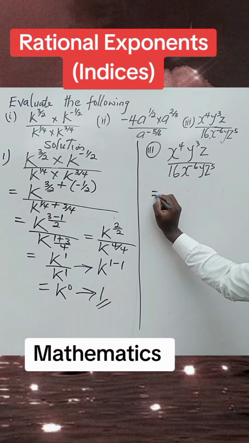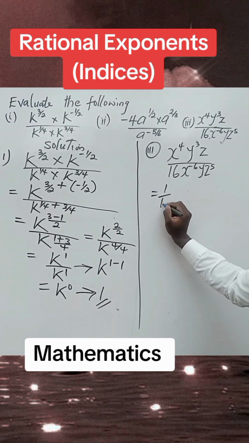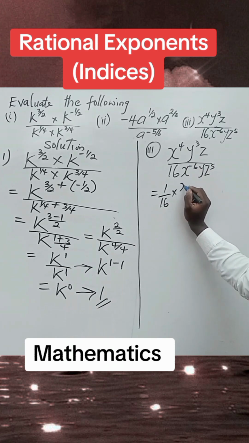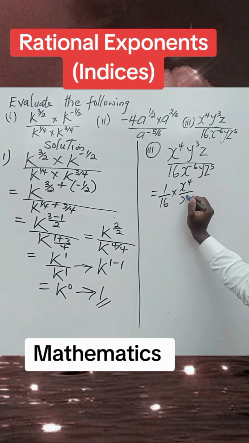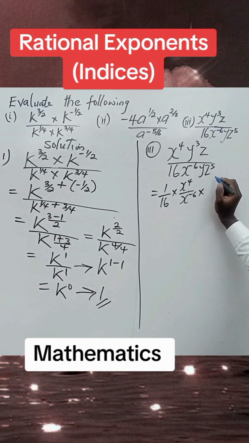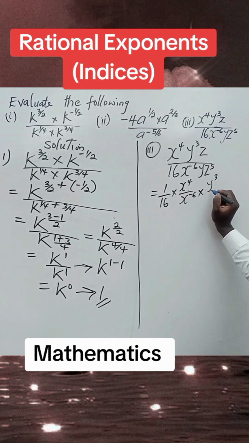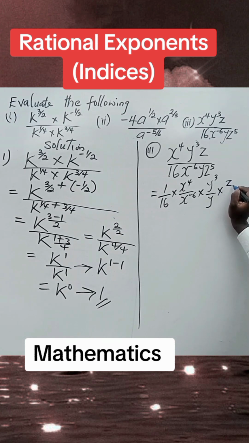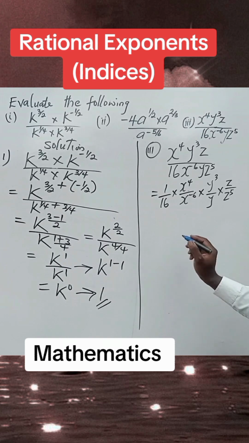The constant term is 1 over 16 times x to the 4 over x to the minus 6, times y to the 3 over y, times z over z to the 5. So you have separated the terms, and you work on them applying the rational exponent property.